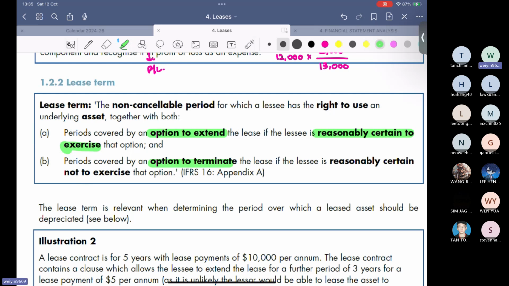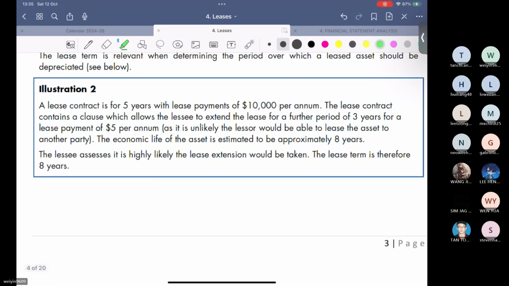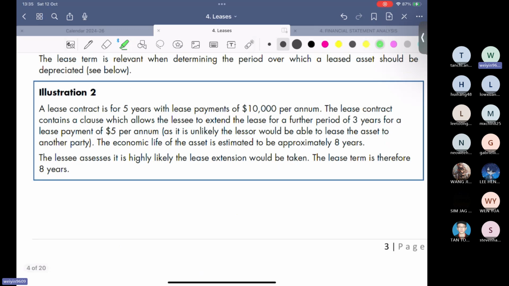Okay, so how does this go? It says that a lease contract for 5 years with a lease payment of 10,000 per annum, and the lease contract contains a clause that allows the lessee to extend the lease for a further 3 years at $5 per annum. So it is unlikely that the lessor would be able to lease the asset to another party.